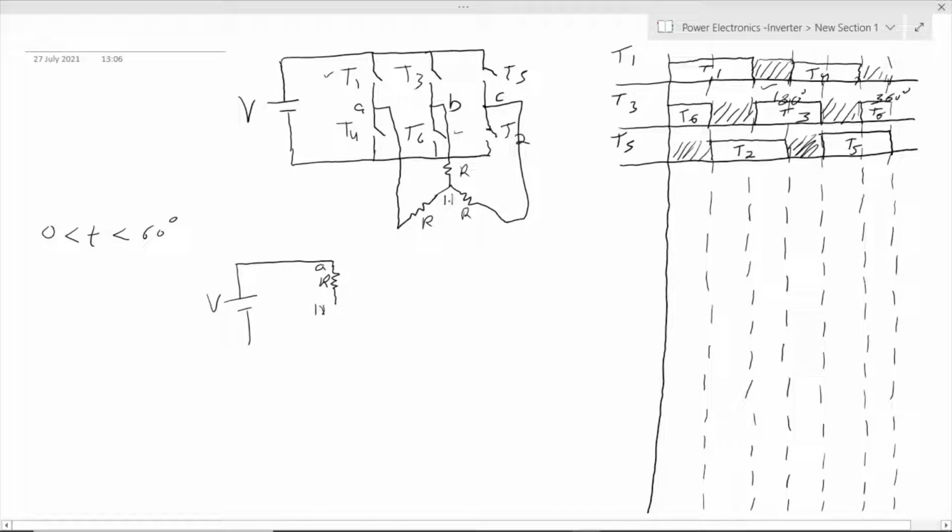This is neutral point. Okay, and then T6 is on. When T6 is on, it means your B phase will be connected to which? Negative terminal. So your B phase will be connected to the negative terminal, and you can join the neutral.